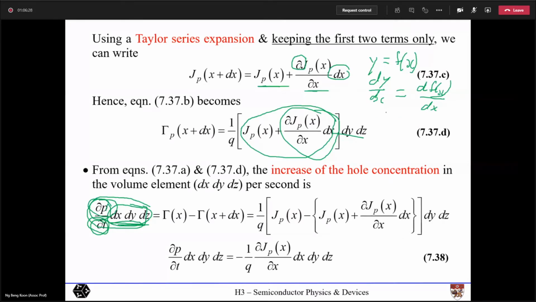In fact, this current density depends on two variables, as we mentioned earlier. It's a function of position in the semiconductor, and it's also a function of time. If we differentiate this with respect to just one of the variables, we do what we call a partial derivative. We indicate that we are doing a partial derivative using this Greek symbol delta instead of d.